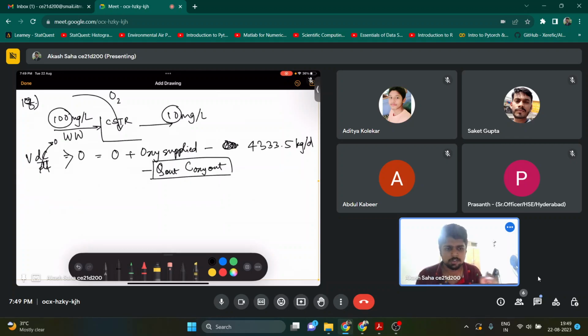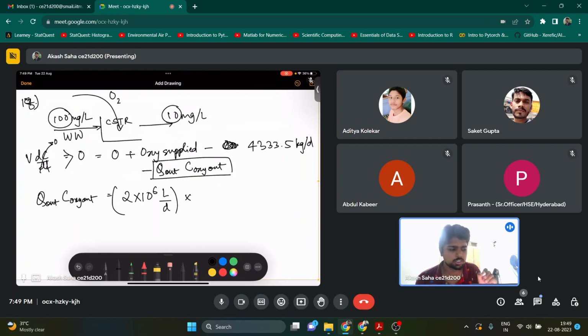If we know this, then we will calculate the oxygen supplied. So what will be my Q out into C oxy out? It will be 2 into 10 to the power 6 liters per day, this is my Q, into, we have to maintain 2 milligram per liter of oxygen in the reactor.